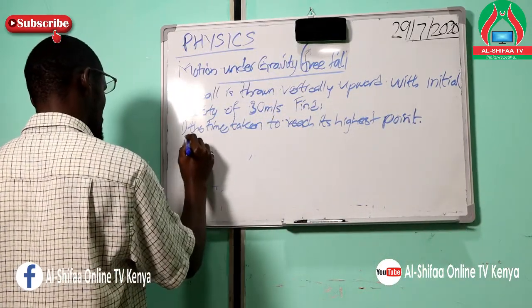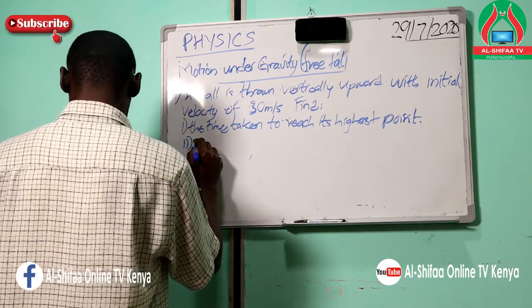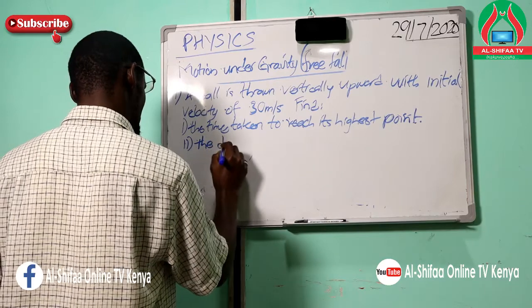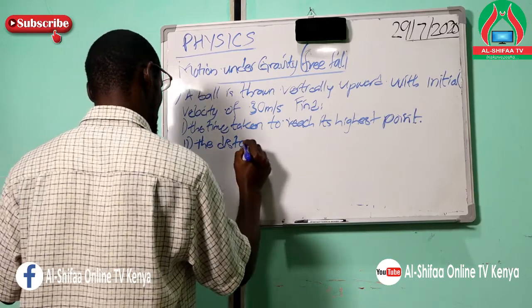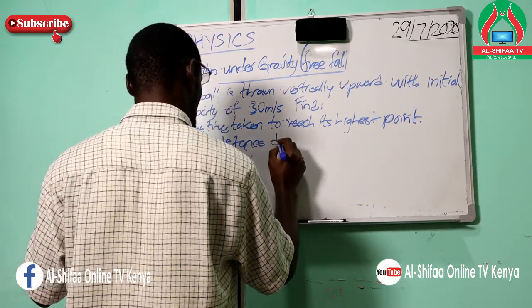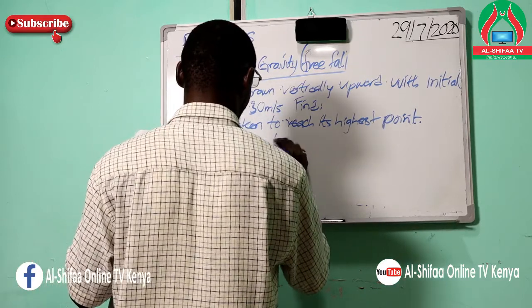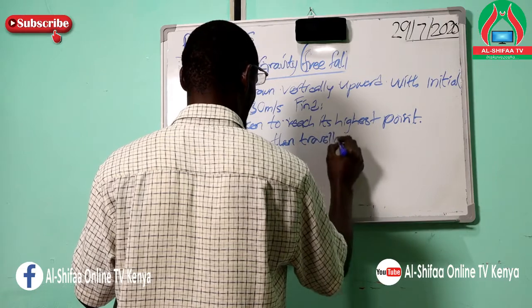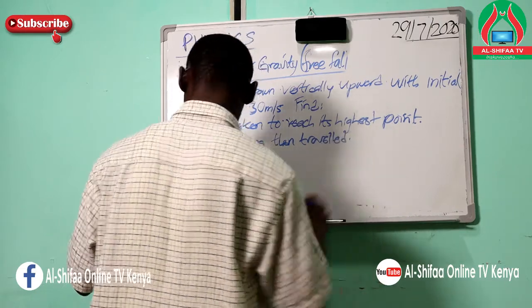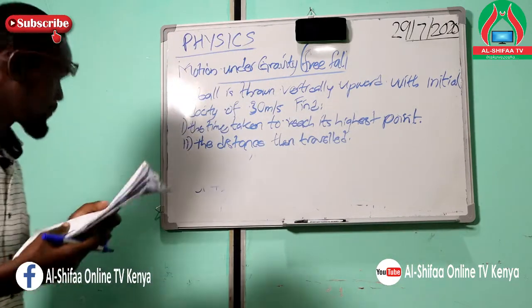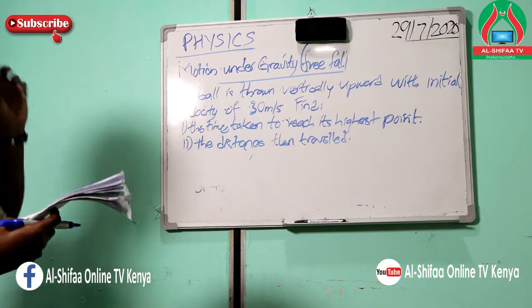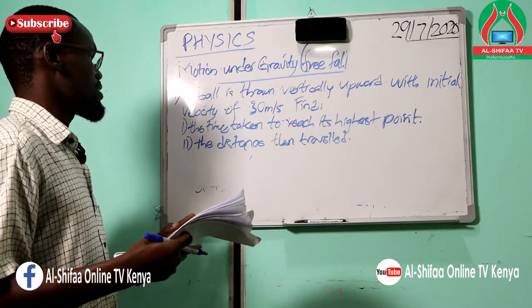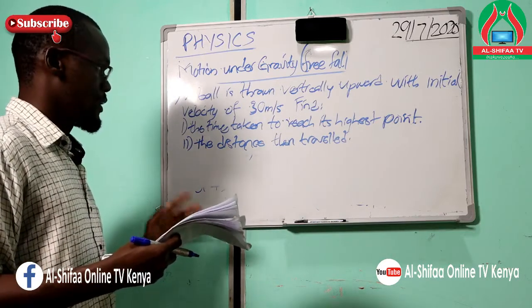Second, the distance traveled. So we are told that a ball is thrown vertically upward with an initial velocity of 30 meters per second.